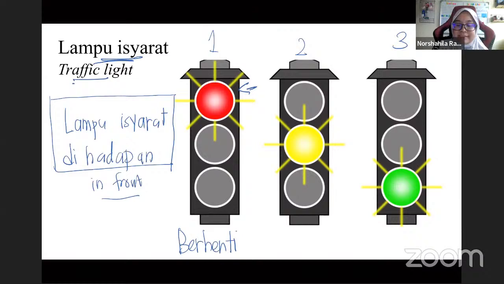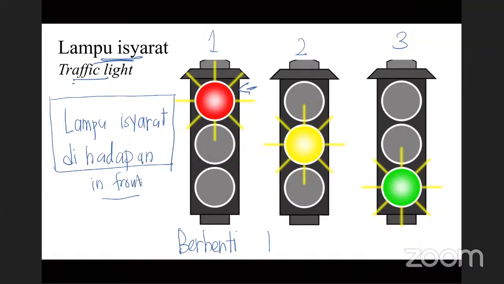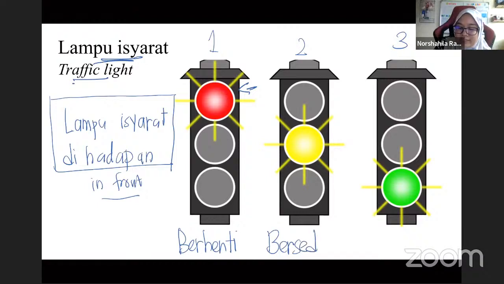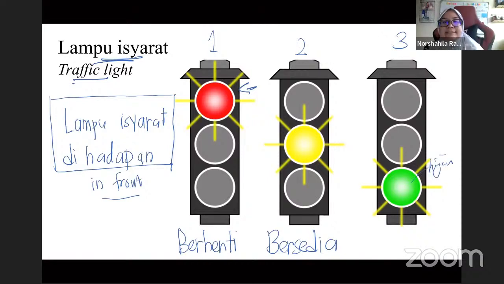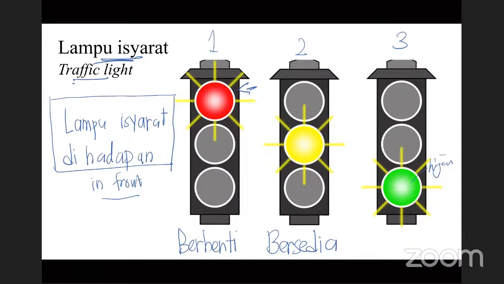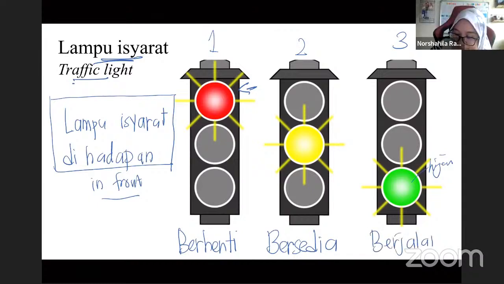Yellow means? Warning, and you need to be ready. And this one, green, what is the color green in Bahasa Melayu? Hijau. Good. So the function of the hijau light is? Go. Okay, berjalan. So berhenti, bersedia, and then berjalan.